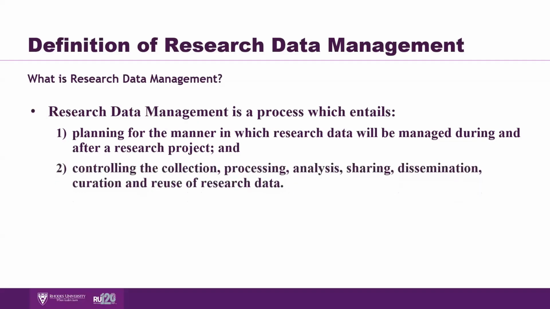And secondly, controlling for the collection, processing, analysis, sharing, dissemination, curation, and reuse of the research data. So in terms of this definition, you can clearly see that the first part literally takes the first step of that life cycle, and everything else is really steps 2 to 6. So if you understand the life cycle, then you'll be managing your research data accordingly.